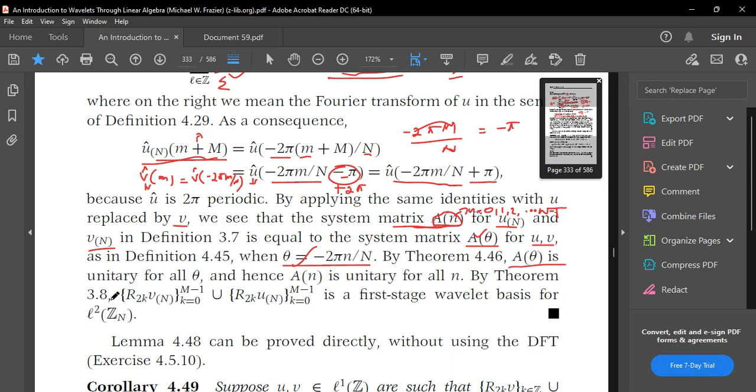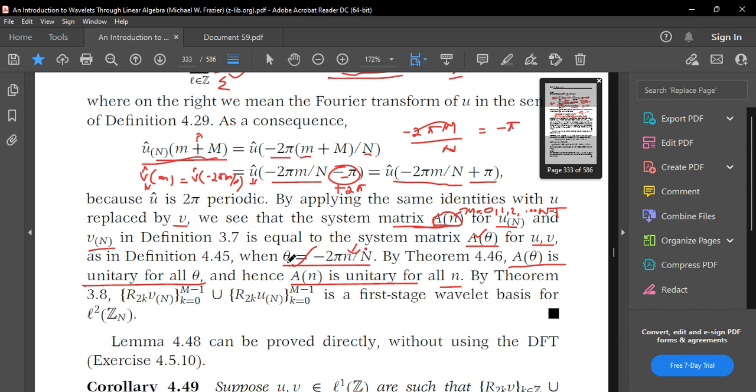Since A of theta is unitary for all theta, A of n will be unitary for all n equal to 0, 1, 2, 3, etc. up to N minus 1, because these indices are contained in here also. Just take n equal to 0.